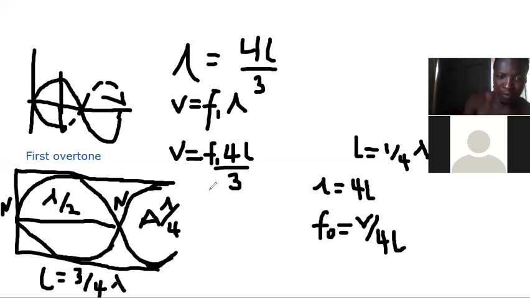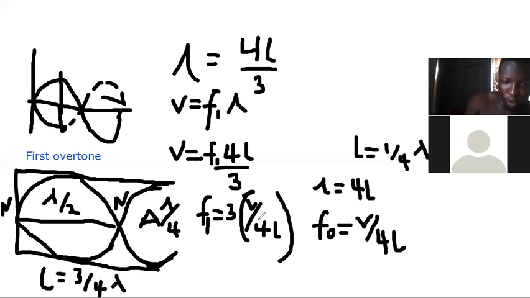Now, if you want to make F1 the subject, that's the frequency of the first overtone, the frequency will be equal to 3 into bracket V all over 4L.